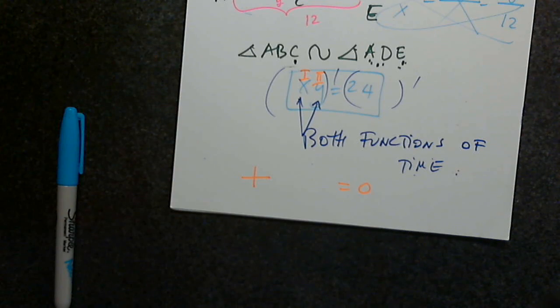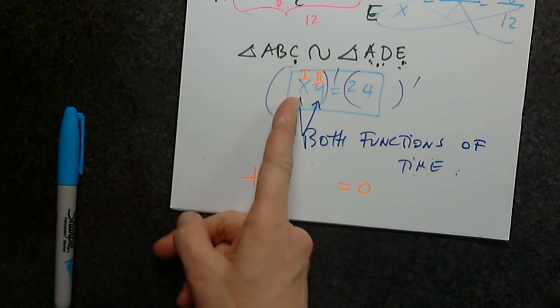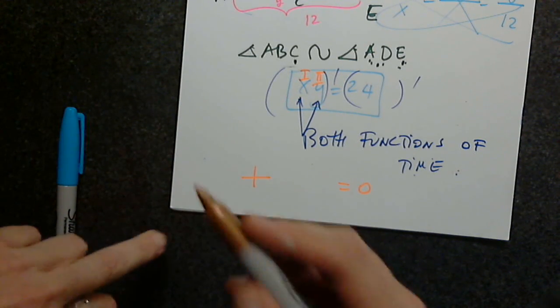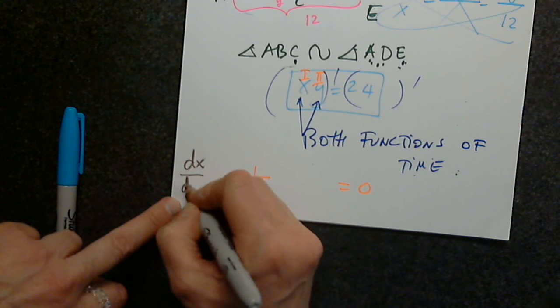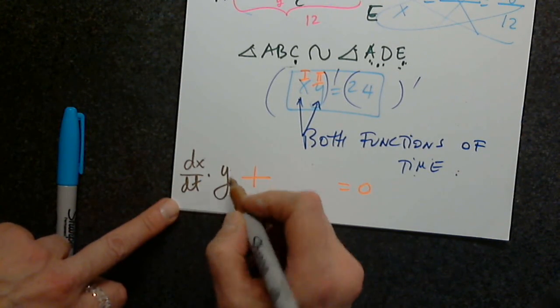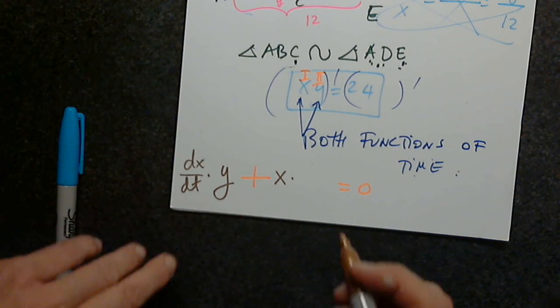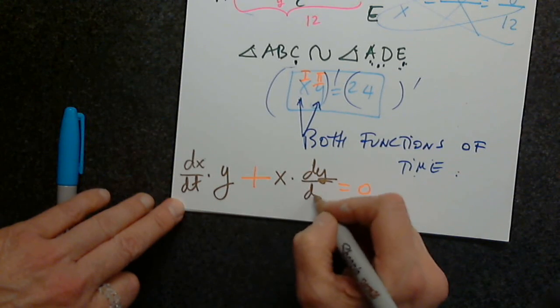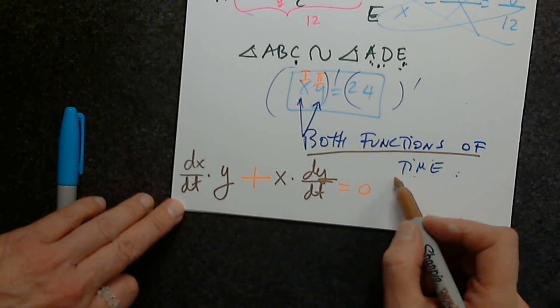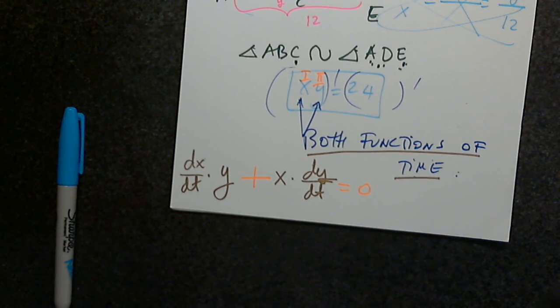So what do I have? The first function prime, dx over dt, times the second function, plus x times the second function prime. That's why I wrote it here, because I know it's difficult to see that at the beginning.